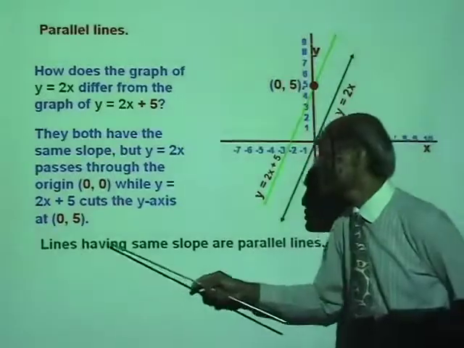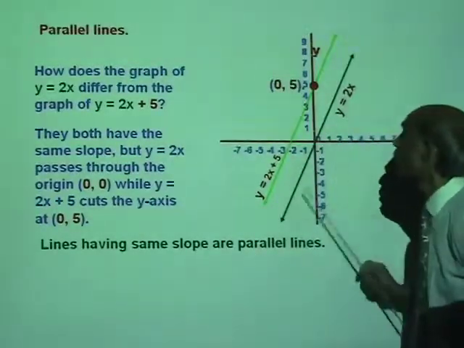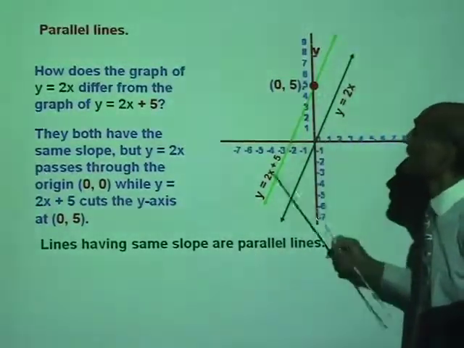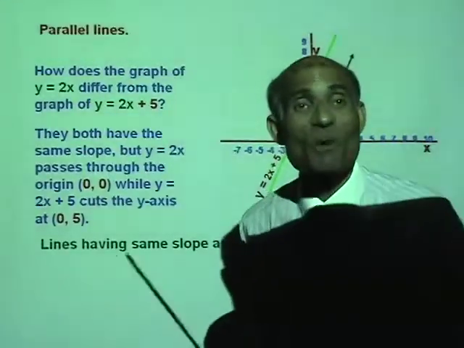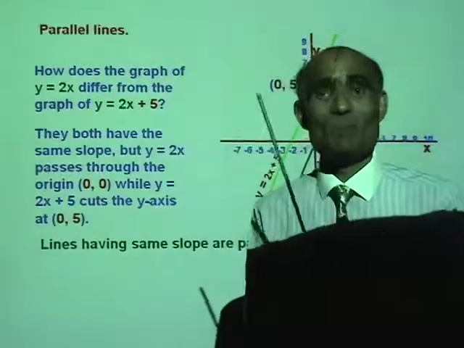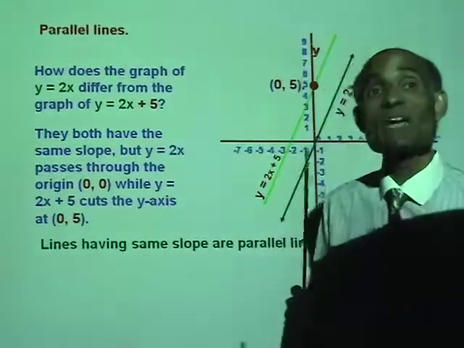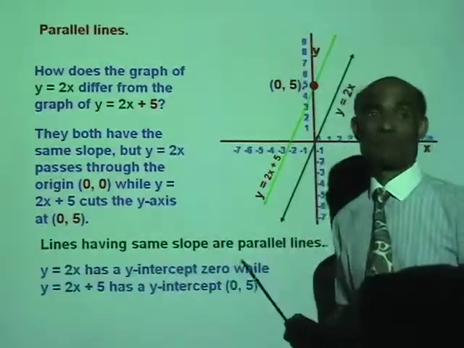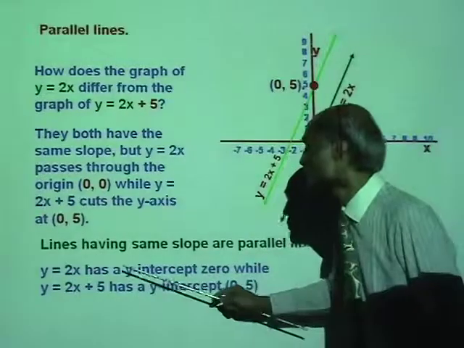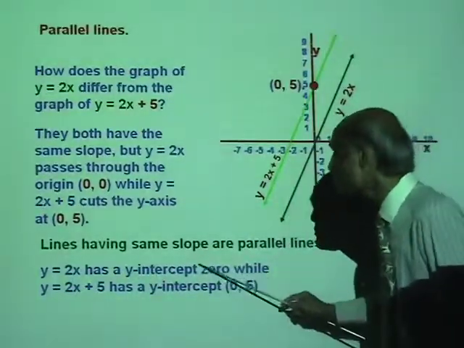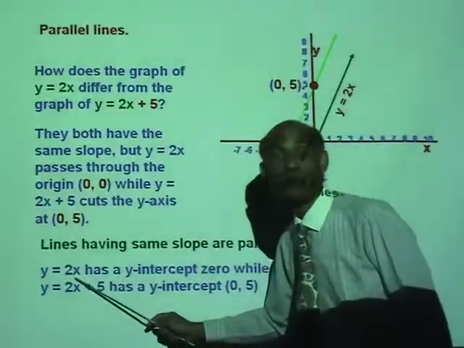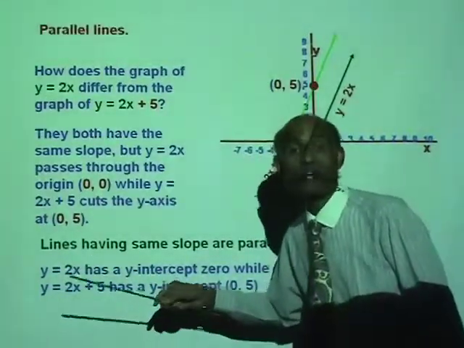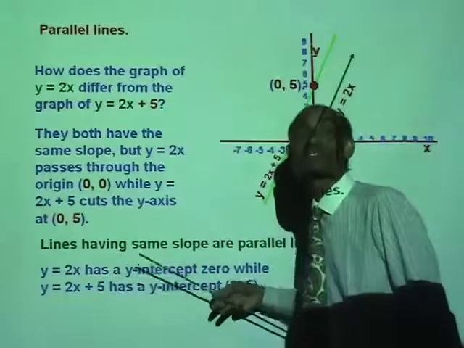So, lines having the same slope are parallel lines. So what is the characteristic of parallel lines? Parallel lines have the same slope. Y equal to 2x has a y-intercept of 0. You see, y equal to 2x can be written as y equal to 2x plus 0.